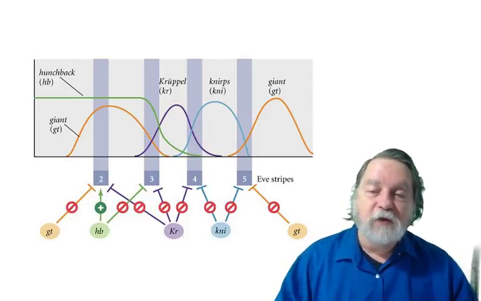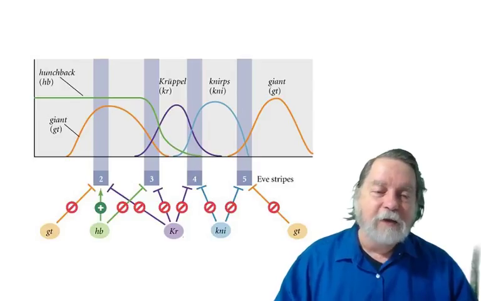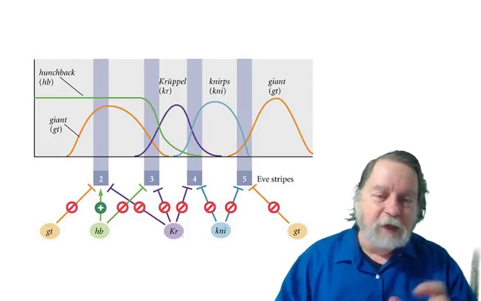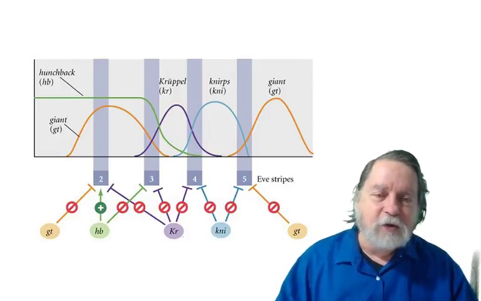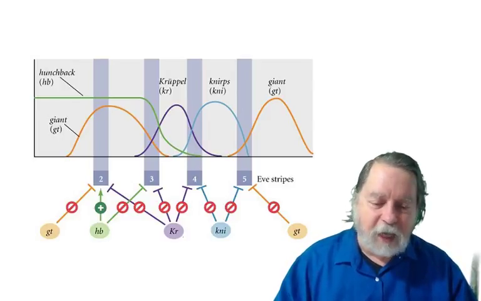And what these genes do is they read that gradient of expression, and some of them get turned on where the level of bicoid is very high, and others get turned on where the level of bicoid is very low, and others get turned on when the level of bicoid is an intermediate value. So you can just sort of read this off and determine where you should be turned on, and that sets up the gap genes.